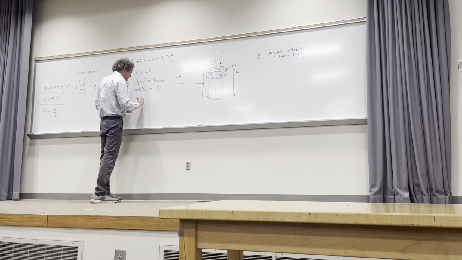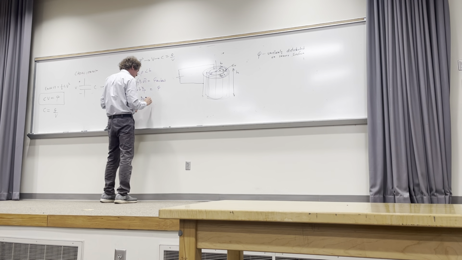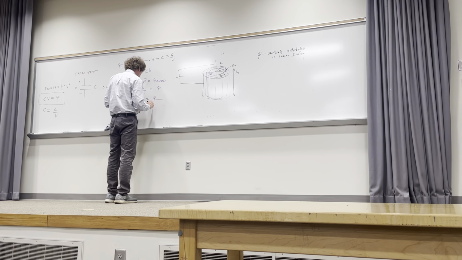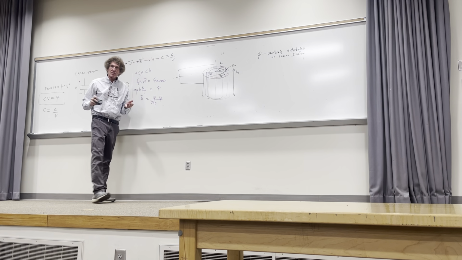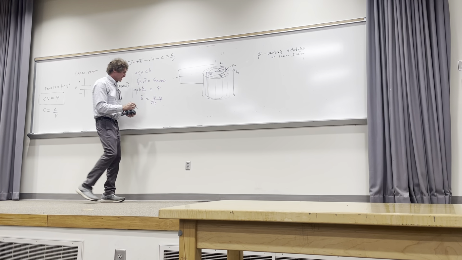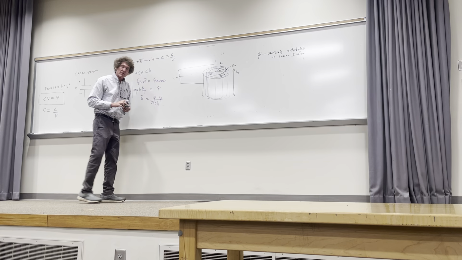So D in the radial direction would be equal to Q over 2 pi rho a rho, and I'll just make this D. Does everybody agree with that? Times H downstairs, sorry about that. Agree, class?